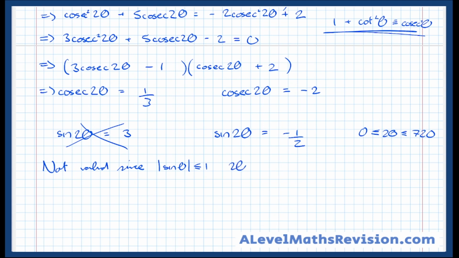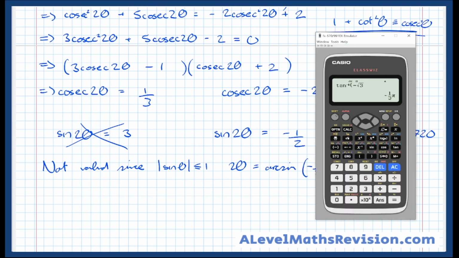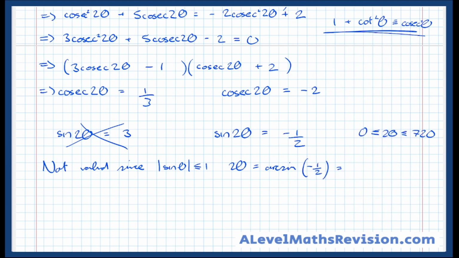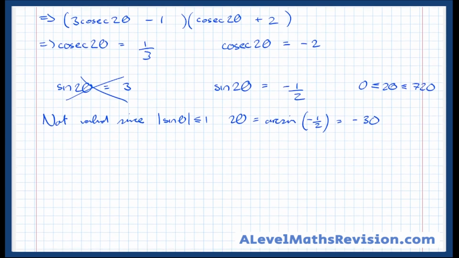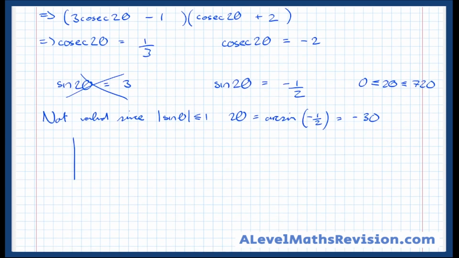So 2 theta equals the arc sine of minus 1/2 equals, and we want to be in degrees here, so I'll change my calculator to degrees mode. So the inverse sine of minus 1/2 is equal to minus 30.